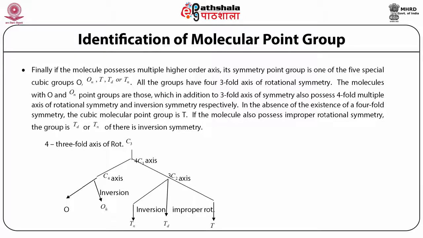So if the molecule possesses improper rotation symmetry but no fourfold symmetry, the group is Td, or Th if there is inversion symmetry. To summarize then, first we see if the molecule has a threefold axis of rotation.